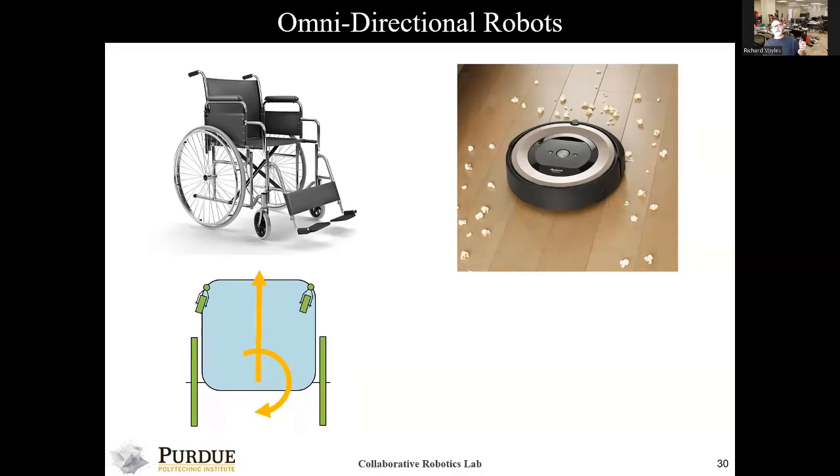If you pull the left wheel backwards and the right wheel forwards, you're going to rotate in place. They are not capable, much like the Ackermann-steered vehicles, of sliding sideways. Our cars can't slide sideways. The wheelchair can't slide sideways. But it is omnidirectional because it can rotate and then go in any direction.